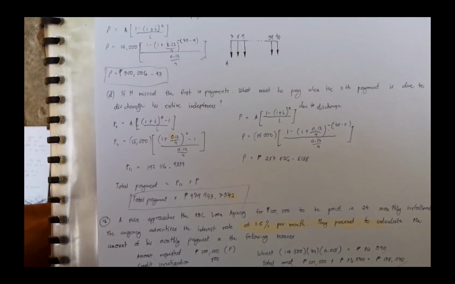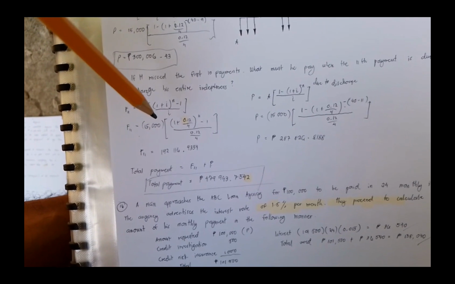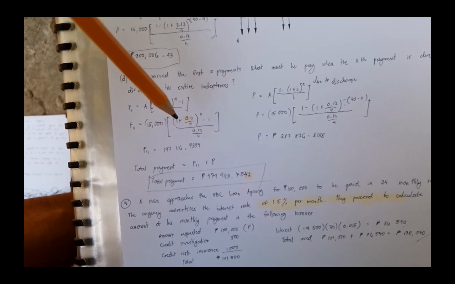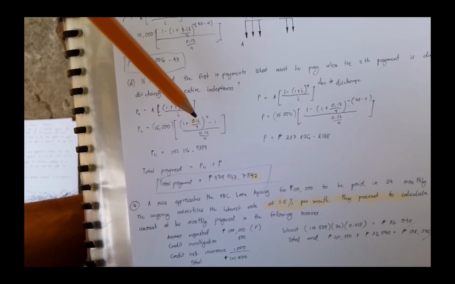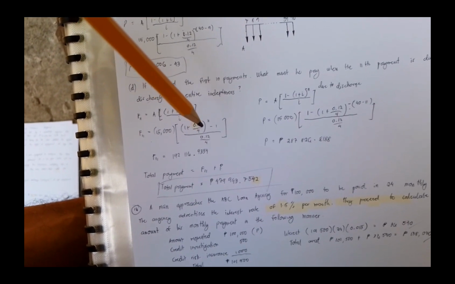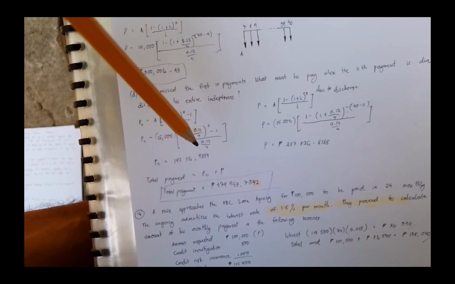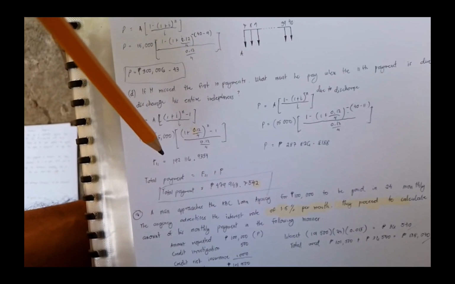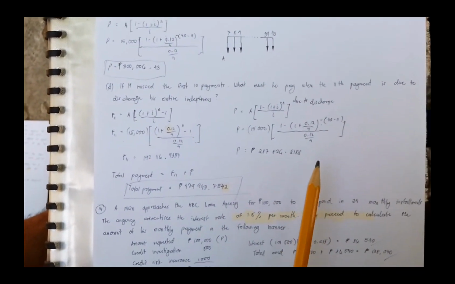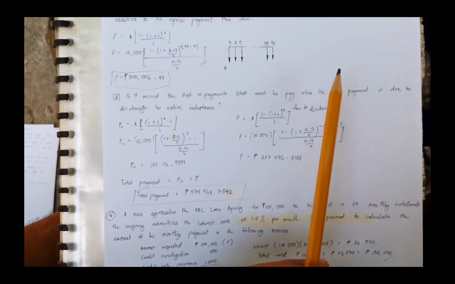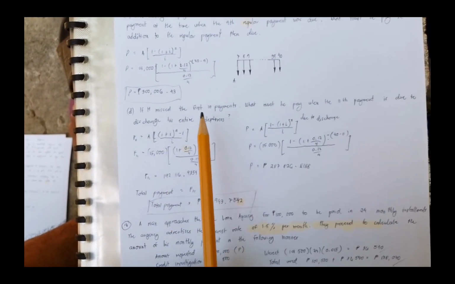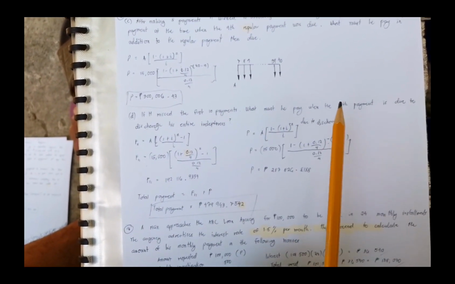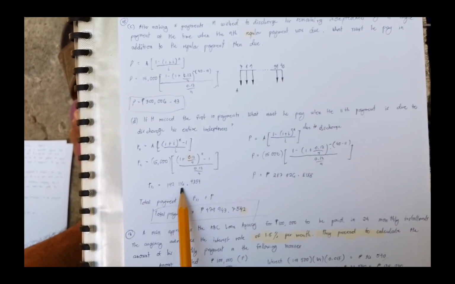So simply substitute 15,000 times the quantity of 1 plus 0.12 over 4 raised to 11 minus 1, all over 0.12 over 4. This is the future value of the 11th payment, since he paid the first 10 payments. So this is the total to pay upon reaching the 11th.